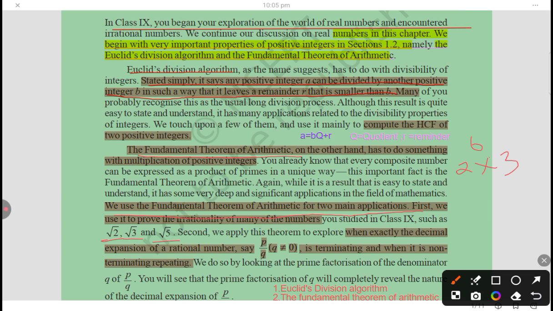Second, we apply this theorem to explore exactly when the decimal expansion of a rational number, say p by q form, where q is not equal to 0, is terminating or non-terminating repeating. We do so by looking at the prime factorization of the denominator q of p by q.